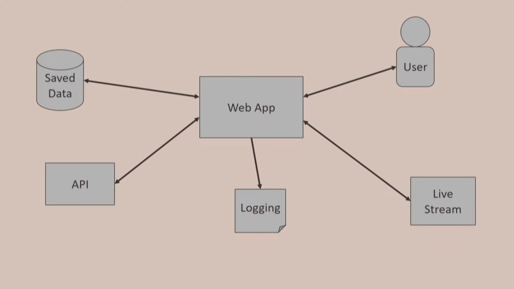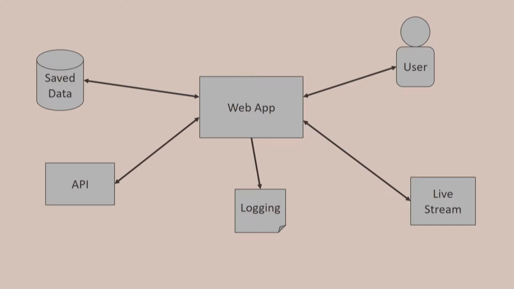Now, the reason that's a problem is because web applications are no longer just sending a bit of HTML to a client and rendering it, and that's it. It's not like my old GeoCities website anymore. We've actually got millions of different concerns that we have to deal with. We've got the pesky user who's clicking buttons and typing and all this kind of stuff. We may have some logging that we need to perform back to a server.